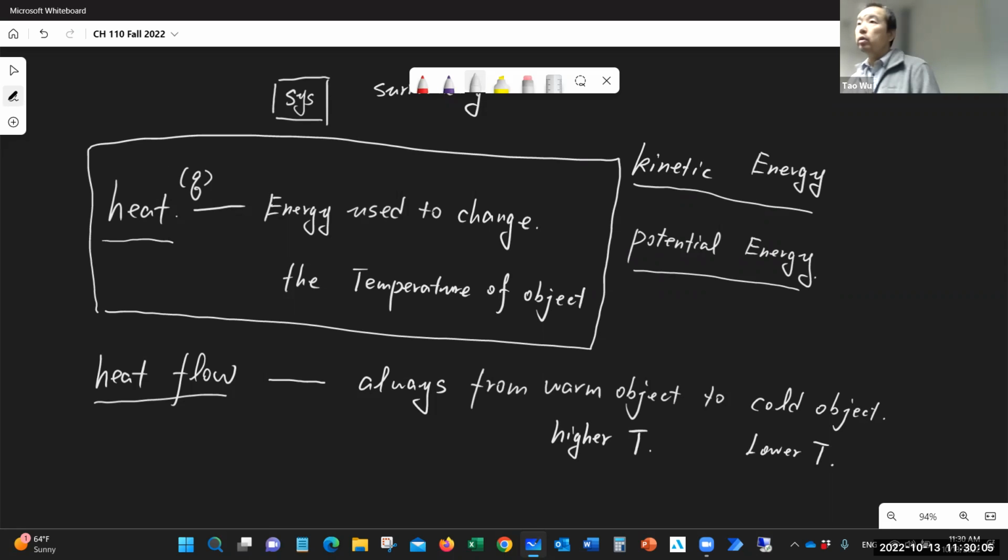Well, then you may say, okay, so we have a very hot object. For example, you're using a microwave to heat up a hamburger. The hamburger is getting warm, but after a while the hamburger is cooling down, right? The temperature of the hamburger is cooling down, and then where does the heat go? You said it goes from the high temperature object, that's the hamburger. And where's the low temperature object?